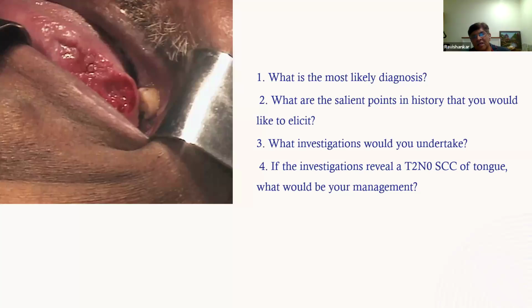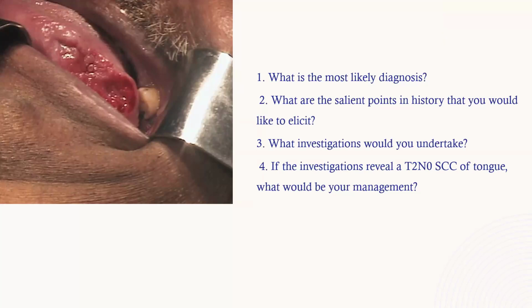What are the points in history you would like to elicit? Duration is one, and how fast it is changing, and the pain, whether it started recently, or how did it start? Then what is the rate of progress? Then what else?